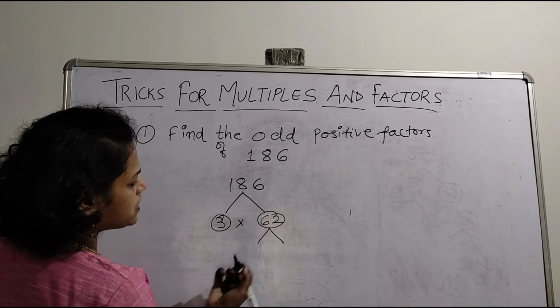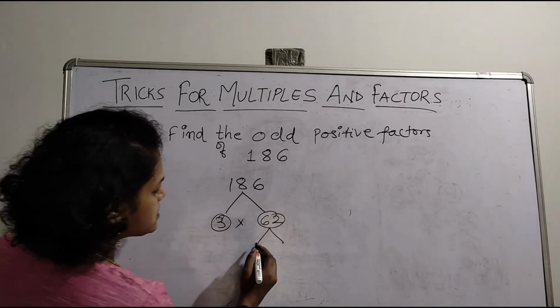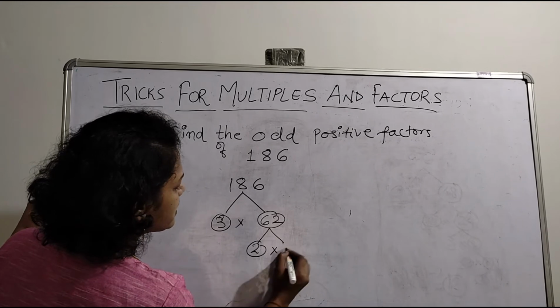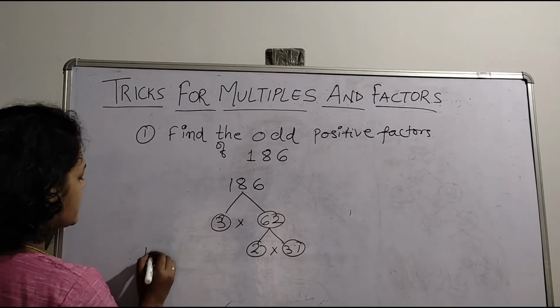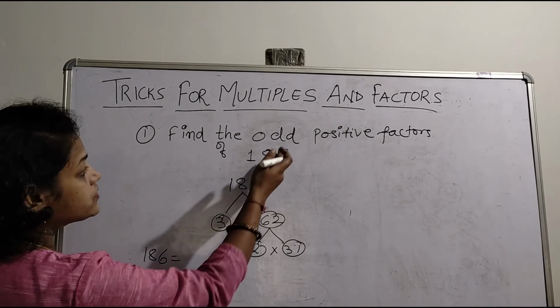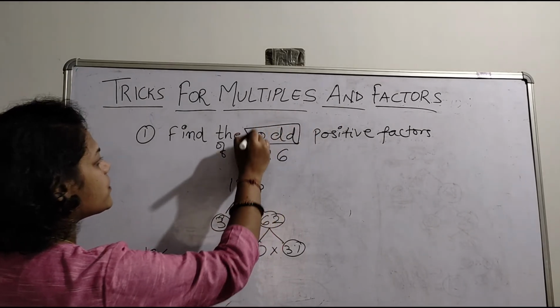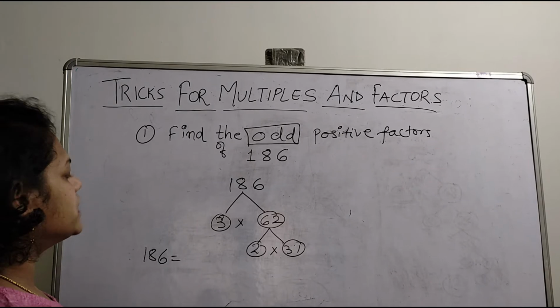And this 62 again you can do how much? It is 2 multiplied by 31, okay? Right? So here 186, here you have to tell the odd positive factors of 186.